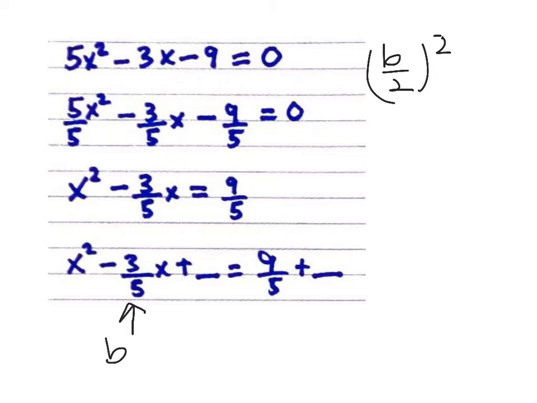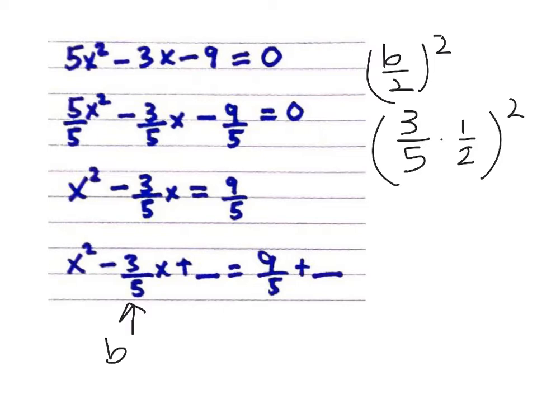So we're going to do 3/5 times 1/2. Whenever you have a fraction, it's better to write dividing by 2 as times 1/2. Dividing by 2 is the same thing as multiplying by 1/2. And then you square it.